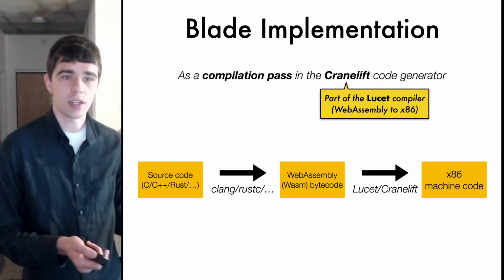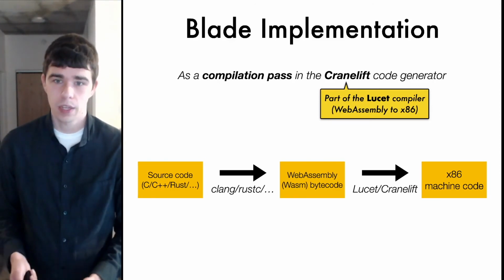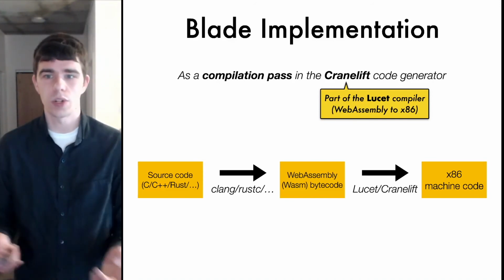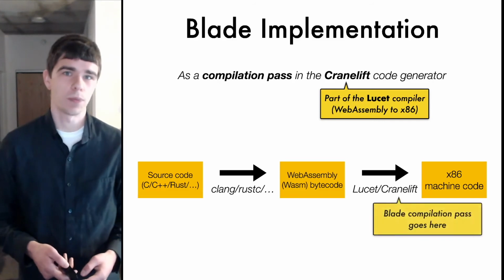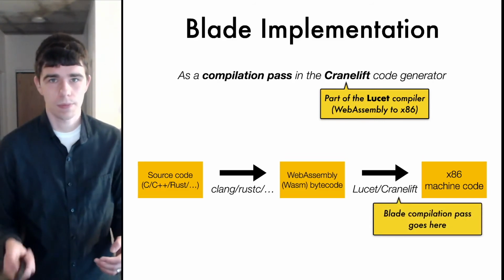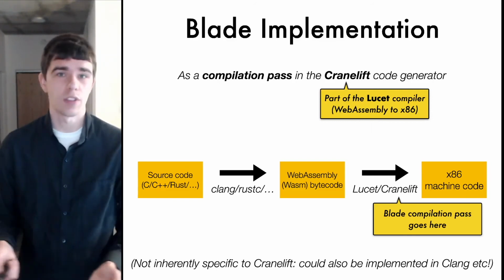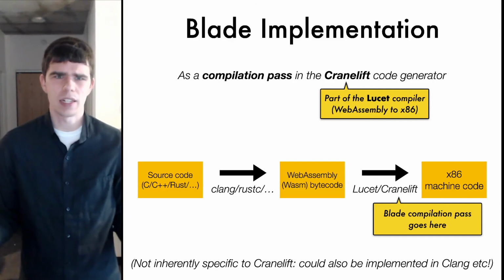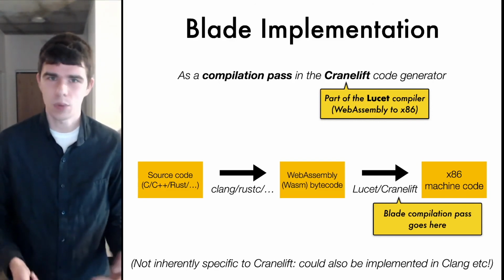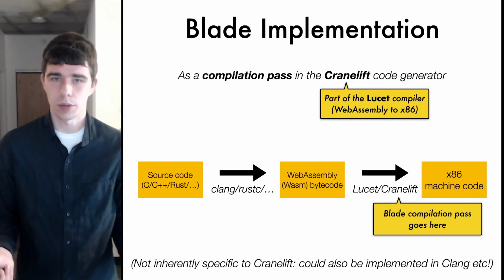You can see that we take source code, compile that to WebAssembly bytecode, and then Cranelift is responsible for turning that WebAssembly bytecode into x86 machine code. And it's there that we insert the Blade compilation pass. As another note, although we implemented Blade for Cranelift and WebAssembly, nothing about it is inherently specific to Cranelift or to WebAssembly, and we could easily imagine implementing Blade in Clang or really any other compiler.